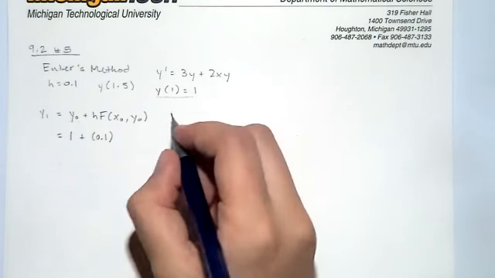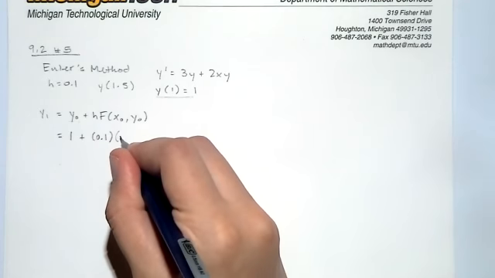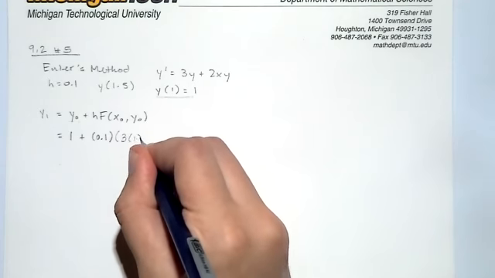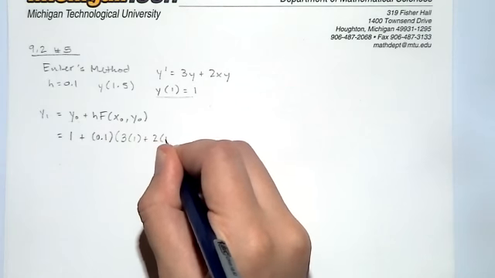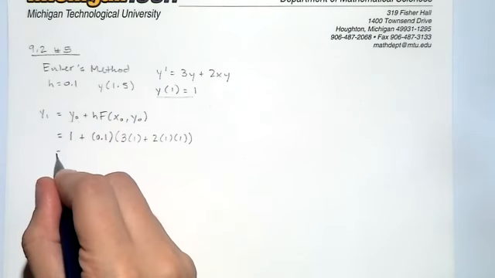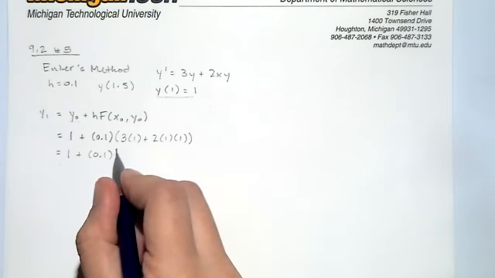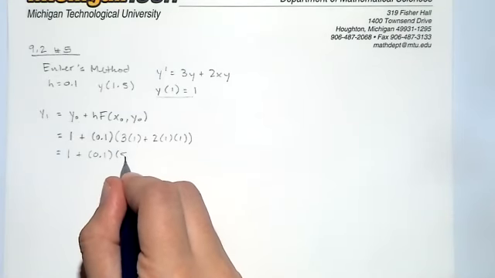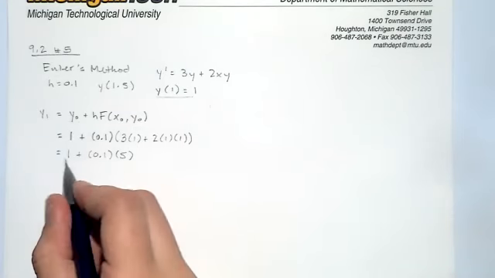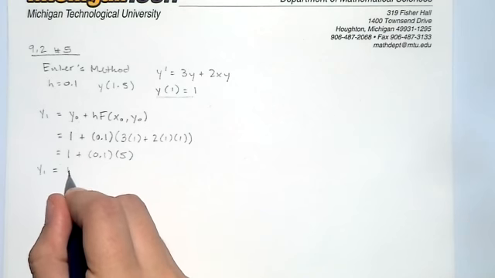So if we plug in this 1, 1 into our y prime, we are going to get 3 times 1 plus 2 times 1 times 1. And that's going to simplify down to 1 plus 0.1 times 5. Yeah, 5. And so that means that our y sub 1 is going to be equal to 1.5.